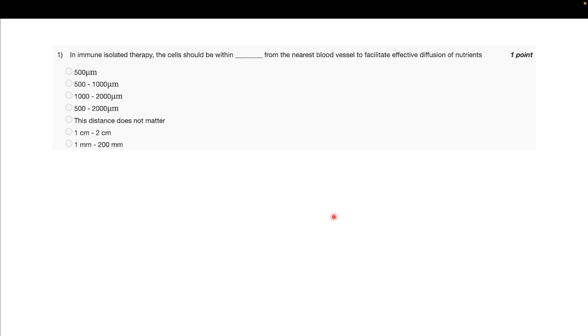Okay, so let's look at the first question. The first is, in immune isolated therapy, the cell should be within what distance from the nearest blood vessel to facilitate effective diffusion of nutrients? So I'll give you some time to read through the options. If anybody knows, you can try answering. If not, we'll discuss.